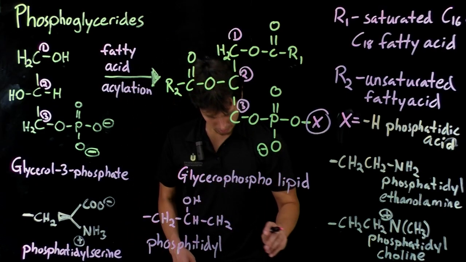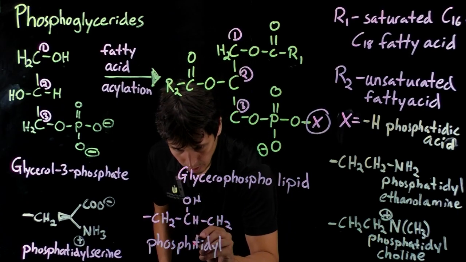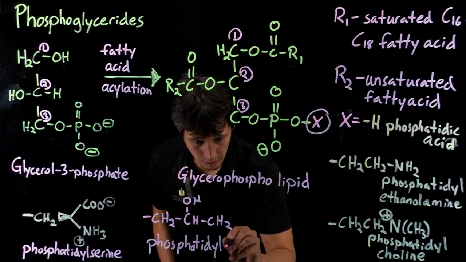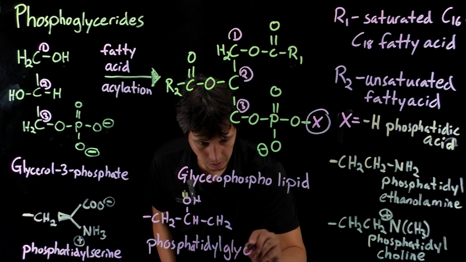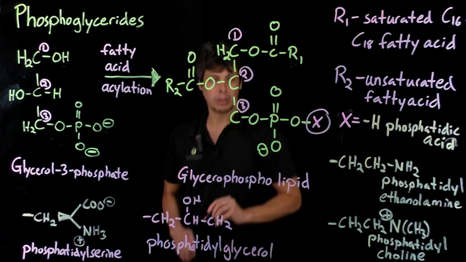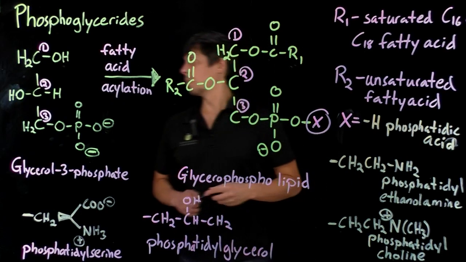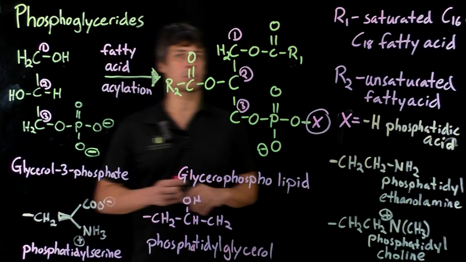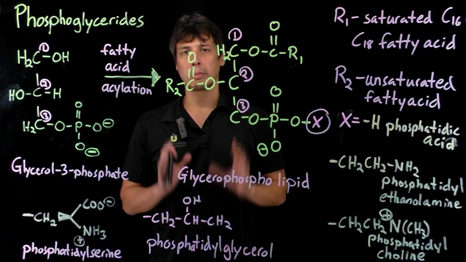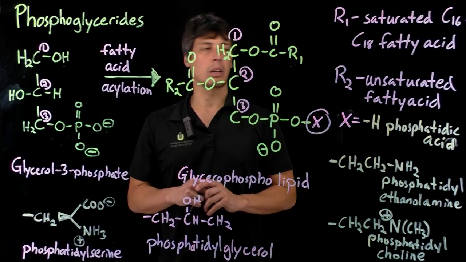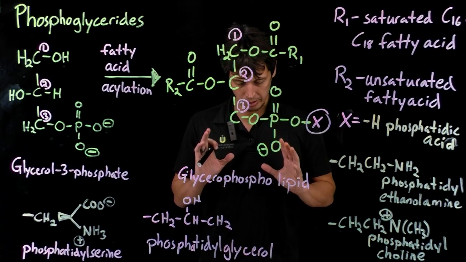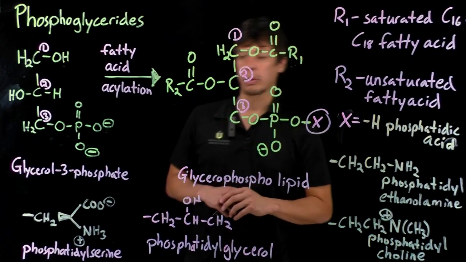That doesn't look right. There we go. Glycerol. Okay. And so these are different phosphoglycerides, and again, these are really major components of the membrane for the cell and of other biological membranes within the cell.